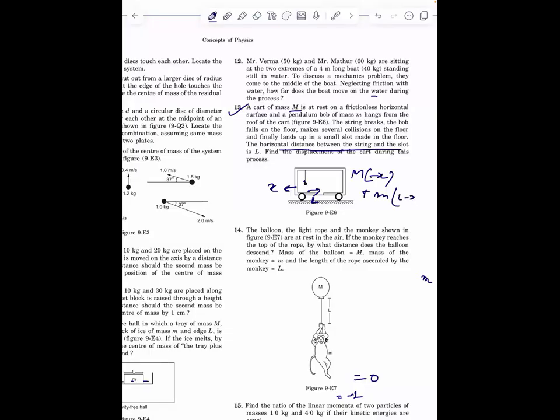L minus X. So can I simply write this is nothing but ML divided by M plus m.